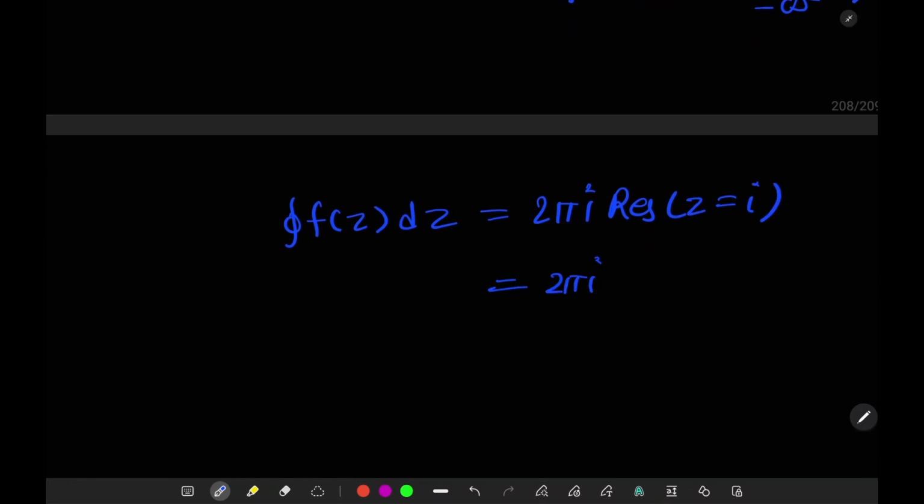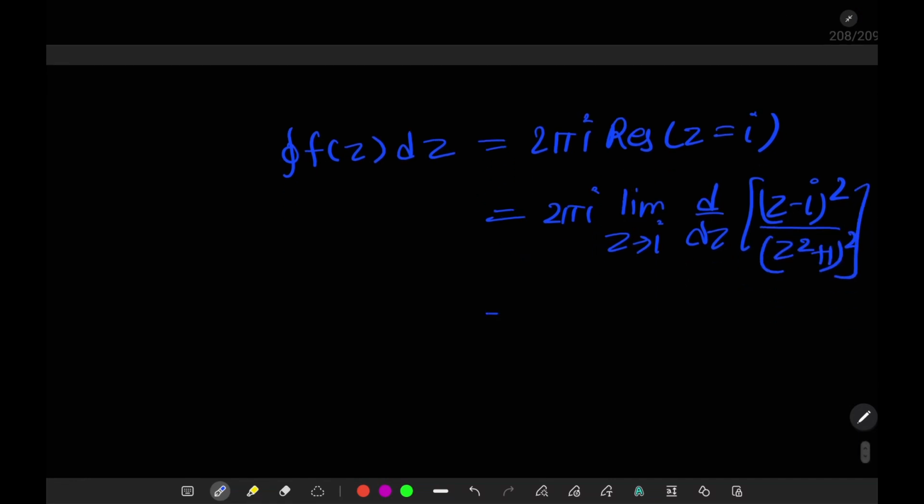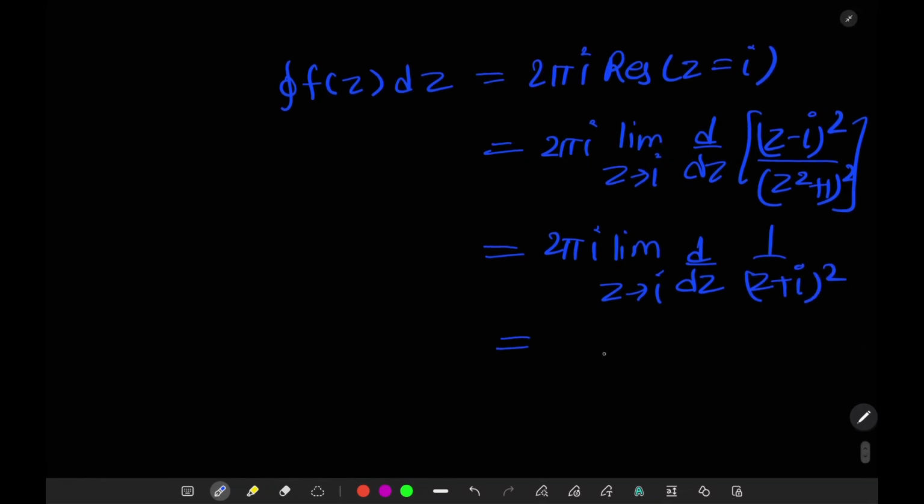Here you can see the pole is of order 2, so using d over dz of (z minus iota) whole square divided by this term. Now we can write, as z tends to iota, d over dz of 1 by (z plus iota) whole square. Now on solving we get pi by 2.